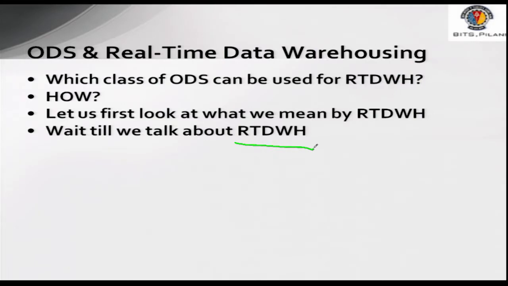Right now in this module we'll not be talking about real-time data warehousing. That will come in a later module. The idea behind introducing ODS is that it's an important architectural component of a data warehousing system, and later, when we talk about real-time data warehousing, we'll again refer to ODS.